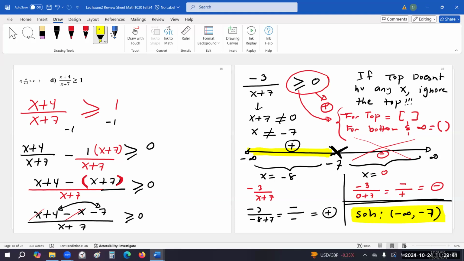So here we are looking for something bigger than 0, which is positive. So which interval gives us positive results? If it's less than 0, it means you're looking for something negative. So you keep all the negative results and we ignore all the positive results. Here it's the other way around. Any other question on this?